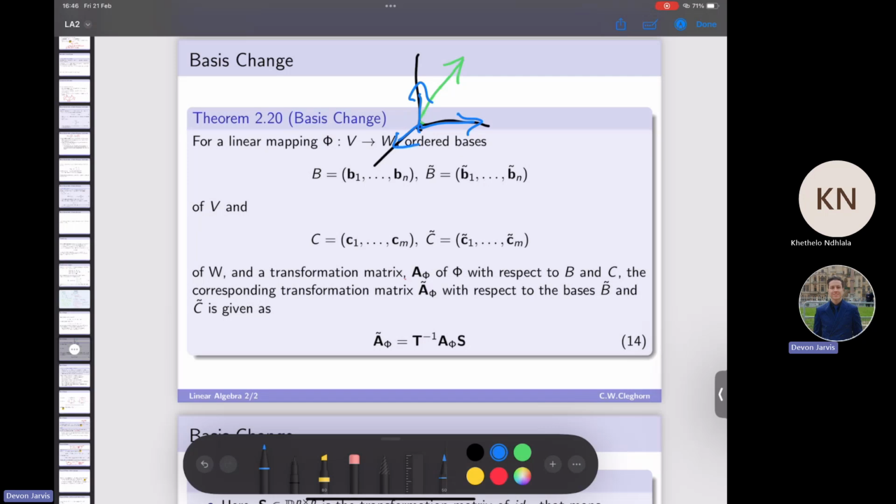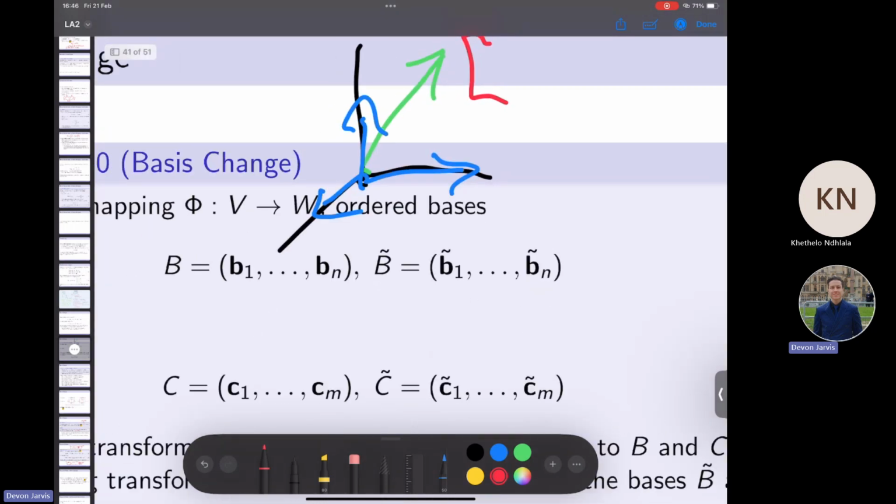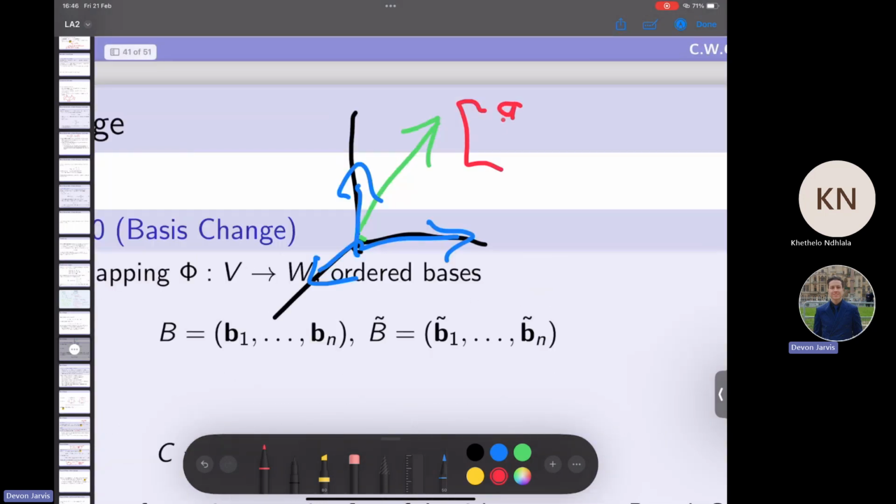Okay, this green vector is represented as a set of coordinates, so let's call it ABC. Okay, what I can do is I can change my basis. I can rotate, I can stretch the blue vectors there however I want, and then my red things will change, right? They will have to adjust. Again, 1,000 meters, 1 kilometer, that kind of idea. But the green vector itself is staying the same.